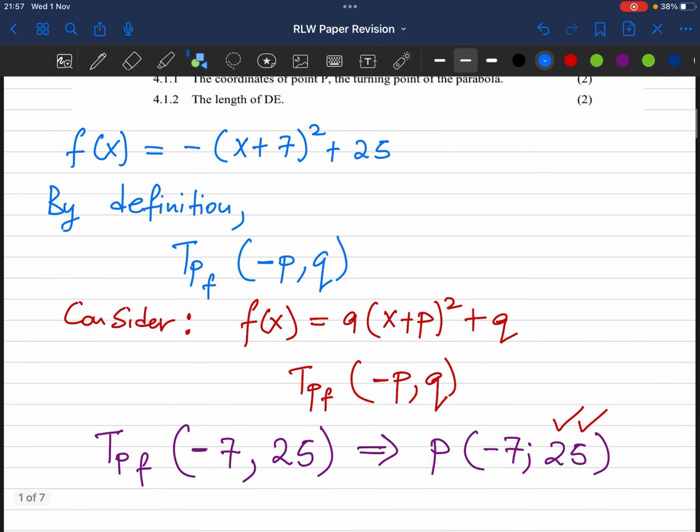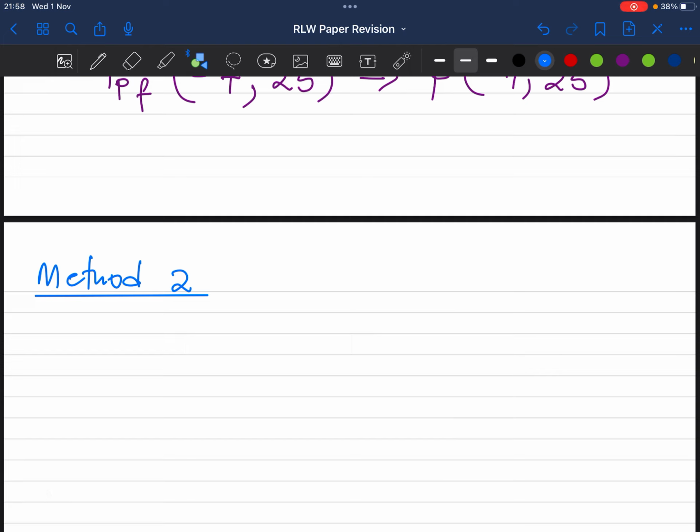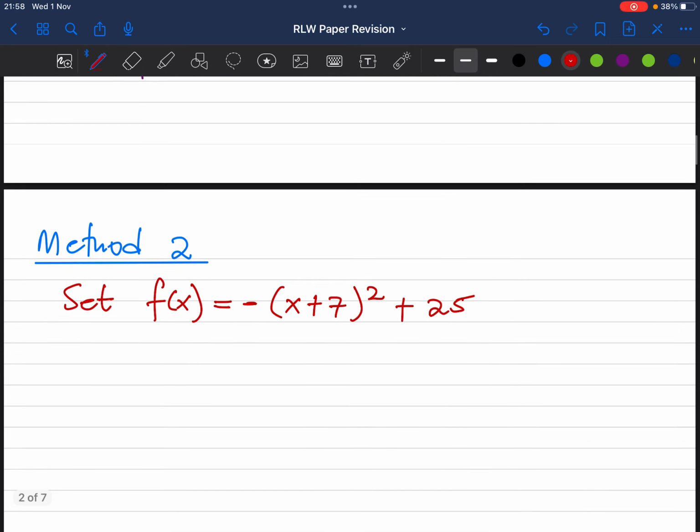Now for method 2, we're gonna use the definition of the tangent. The first step that we'll apply, we will set our function f of x to be equivalent to negative x plus 7 to the power of 2 plus 25. Now you will want to expand this function. You keep that negative outside, then you square the first, you multiply x by 7 by 2.